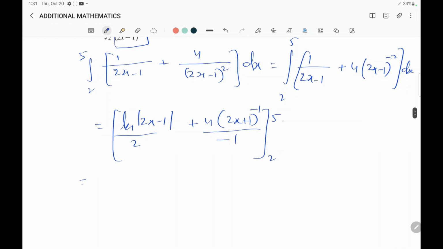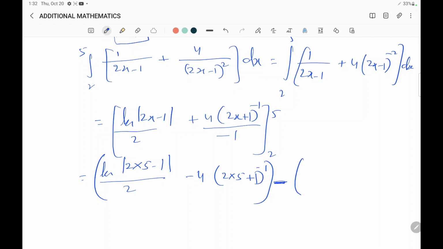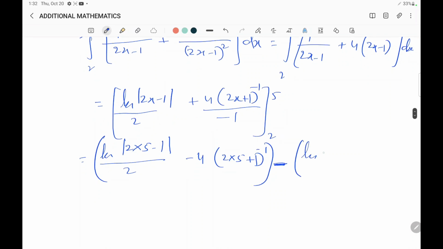Just put the upper limit 5 here: ln |2 times 5 minus 1| over 2, plus 4 over minus 1, we can write minus 4, and again (2 times 5 plus 1) to the power minus 1. This is my upper limit only. Now minus lower limit, put 2: ln |2 times 2 minus 1| over 2 minus 4, (2 times 2 plus 1) to the power minus 1.